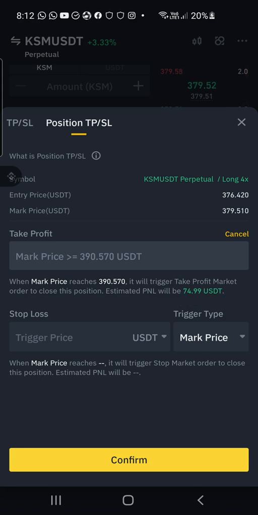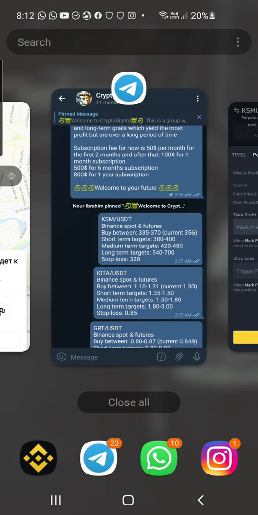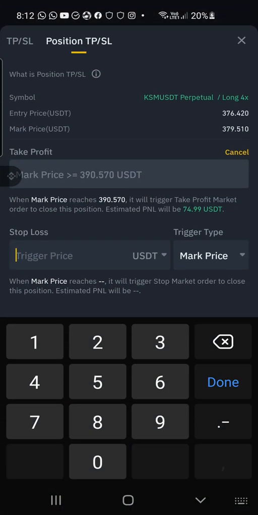But at the same time, as we can see here, our stop loss is 320. So if I write a stop loss of 320, which means that when it reaches $320 I will sell it for $320, then I will be losing $300.